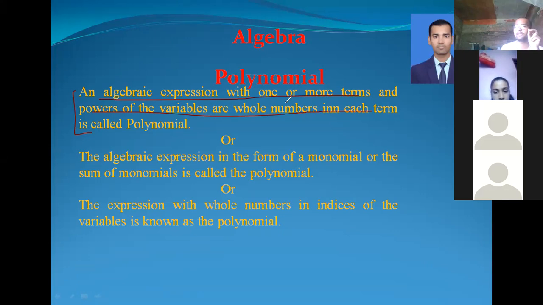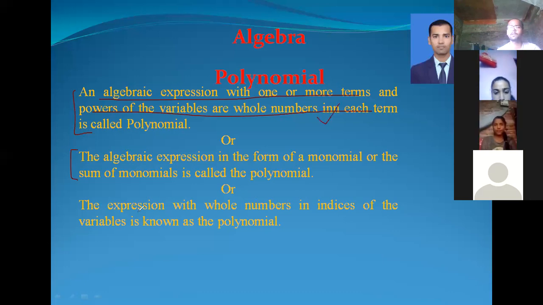In the other definition you can see here, the algebraic expression in the form of a monomial or the sum of monomials is called a polynomial. That is the same as the first definition. In the same way, the expression with whole number indices of the variable is known as a polynomial.